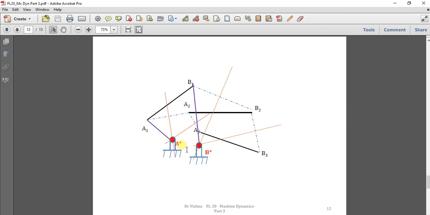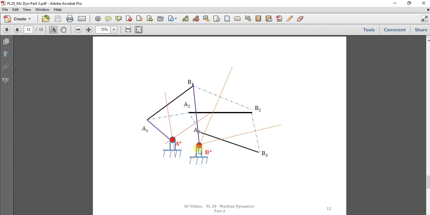Because in a 4-bar mechanism, there are two places the ground is connecting. So the first place is this, which we call A star. Now repeat the process for B. Connect B1 with B2. Draw a perpendicular bisector. Connect B2 with B3. Draw a perpendicular bisector.